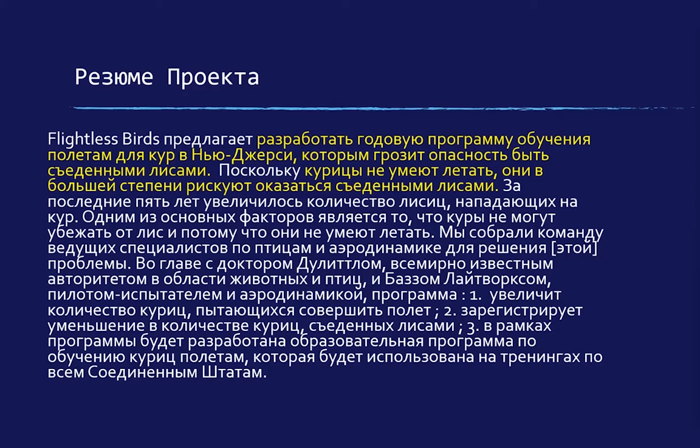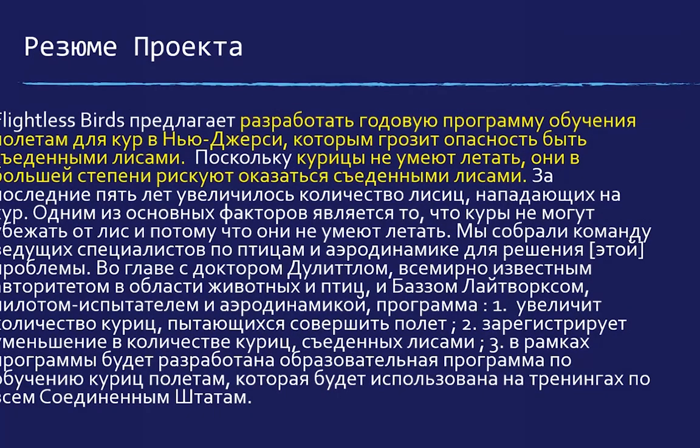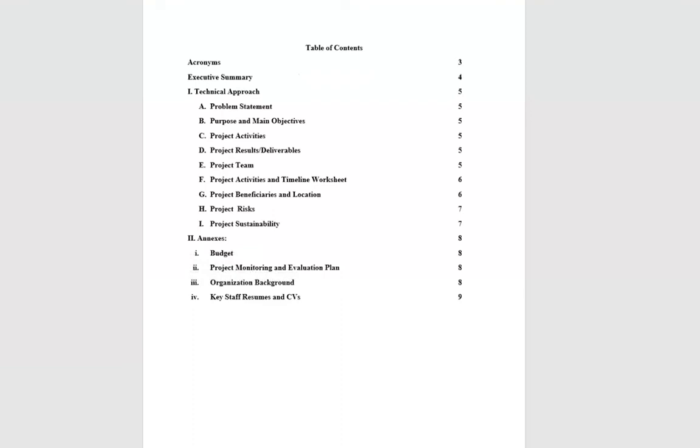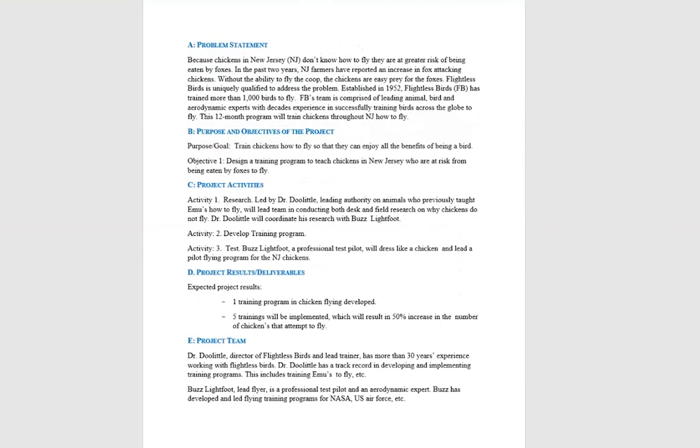So how does the whole proposal look? You have the title, you have your contact information, you have your table of contents, you have your acronyms, very important if you use acronyms, make sure you have that in there. So my executive summary, which I just read to you, followed by my entire proposal.